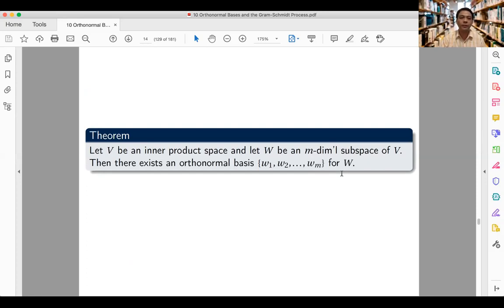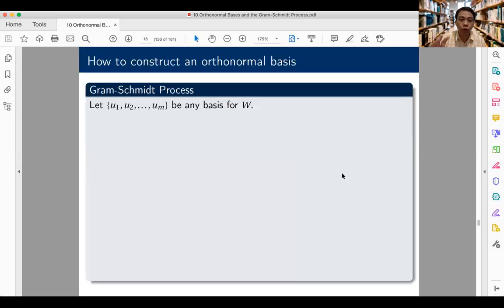There exists. No? Can you easily claim the existence of something? But this theorem claims that if you have an m-dimensional subspace, of course, M here is greater than 0, then you will always find an orthonormal basis for W. And the process for getting this orthonormal basis was developed by two mathematicians, and we get the Gram-Schmidt process.